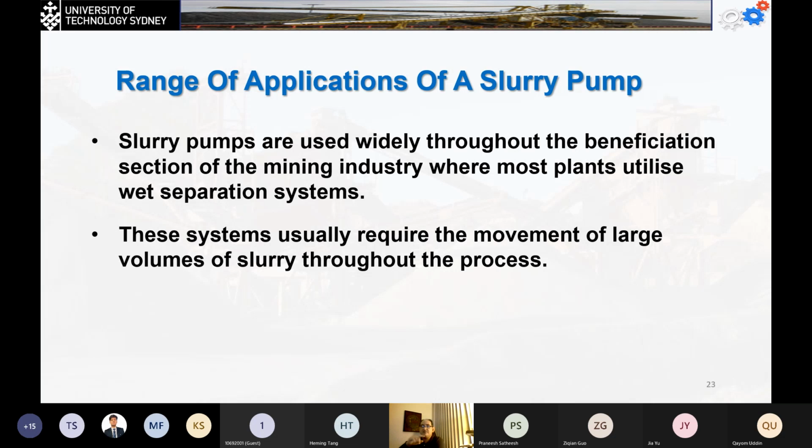Because if you have ever seen how the metal mining gets done, it is in the mountain or under the ground. So you're going to have very complicated tunnels inside. So the only way to move the material outside is by mixing it with the water and pumping it outside.